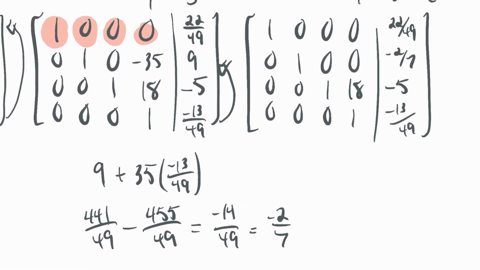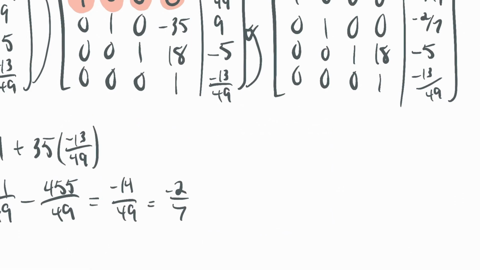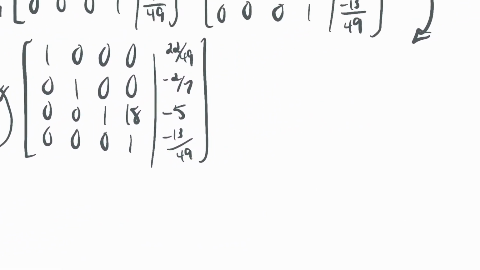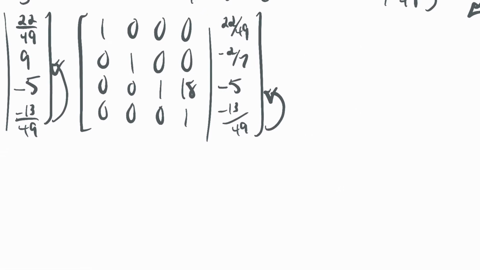And I guess we'll leave that there, or I don't need to erase it, I suppose. Just do that, because we got room. I think we'll be okay. We got room. So now I need to take 18 times this bottom row and subtract it from the row above it. So I'm going to need negative 5 minus 18 times negative 13 over 49.